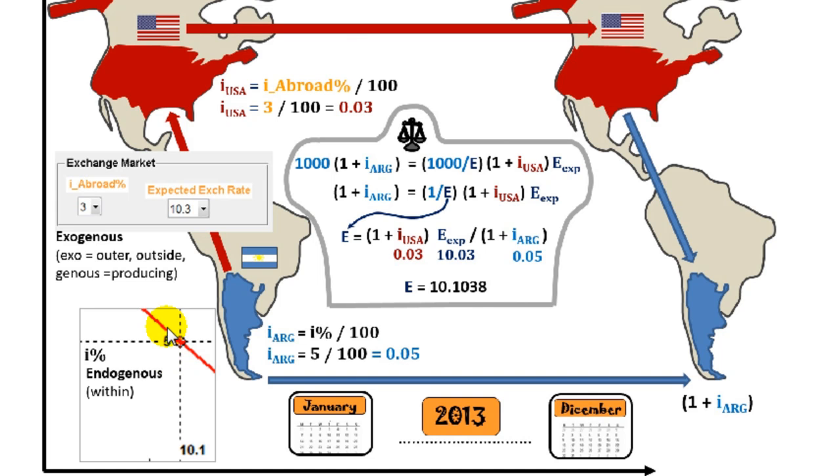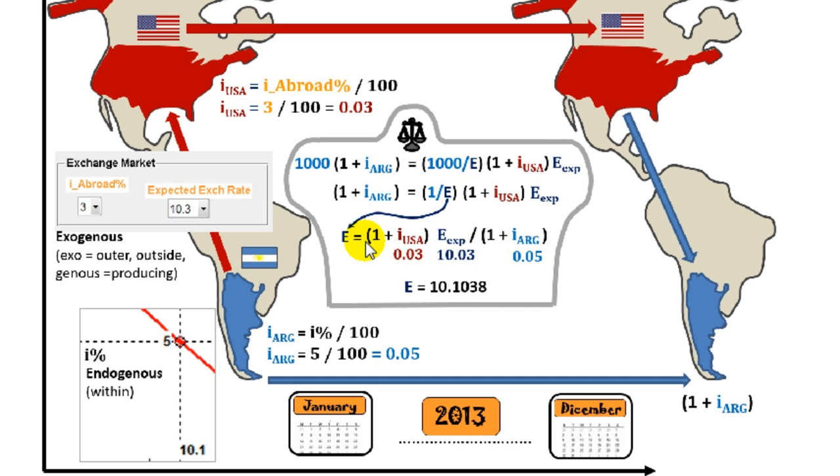But as we mentioned before, this interest rate is expressed as a percentage, and this interest rate abroad is expressed as a percentage. And here we need it in the conventional way.